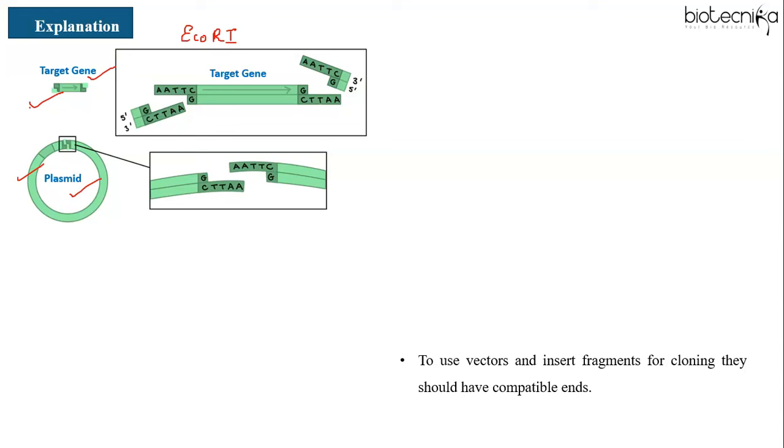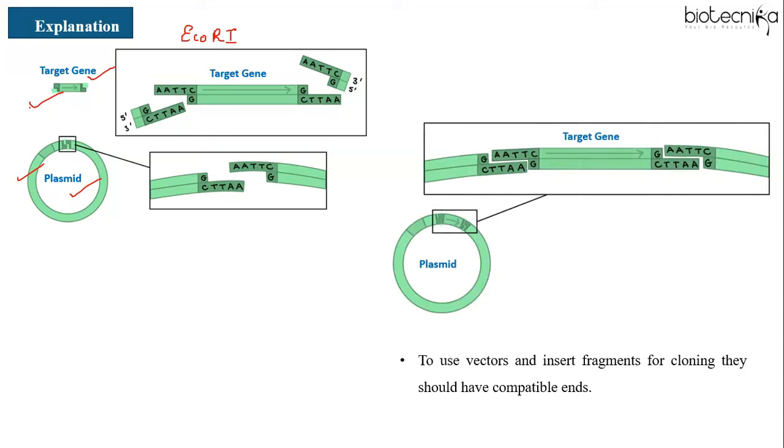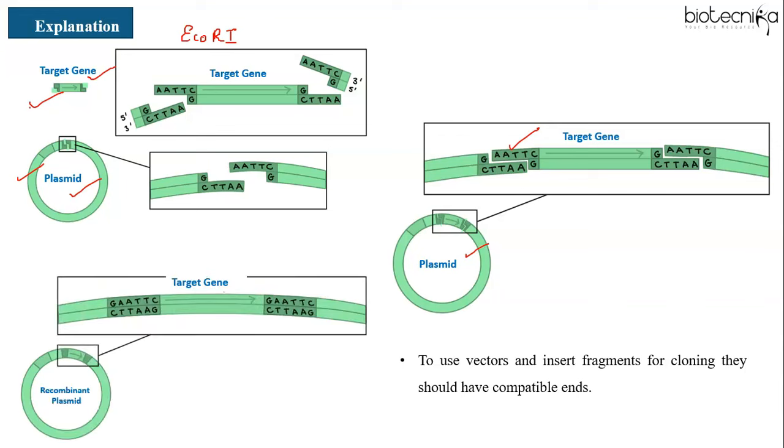To use vectors and insert fragments for cloning, they should have compatible ends. As shown here, the target gene and the plasmid are cut with the same enzyme, so they have compatible ends and can join back by base pairing. So our target gene is inserted into a vector and a recombinant DNA molecule of plasmid is generated.